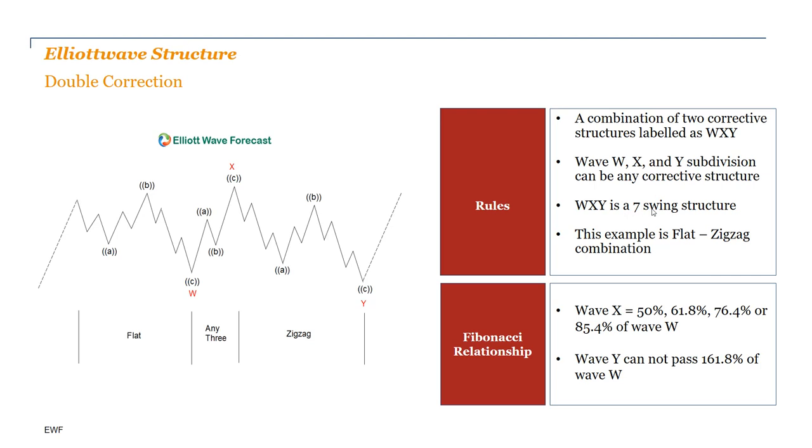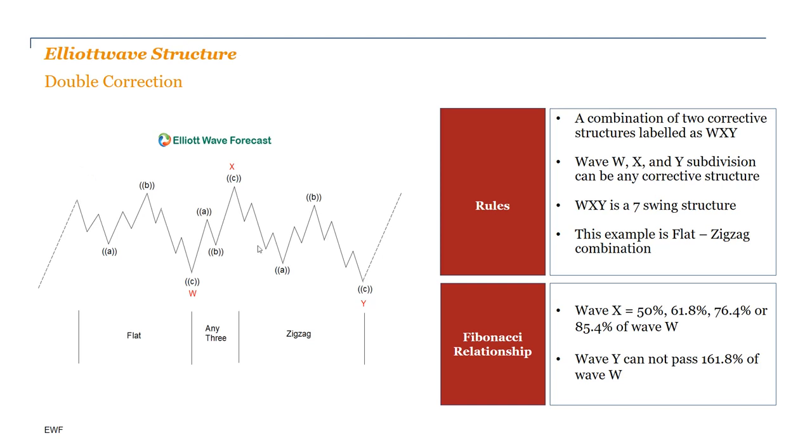And why is it 7-swing? If you take a look here, and if you count the labels, we can see from this peak to this low, we can count it 1, 2, 3, 4, and this entire thing is counted as 1 because it is a correction. You can see that this is from the upper left high to the bottom right low.